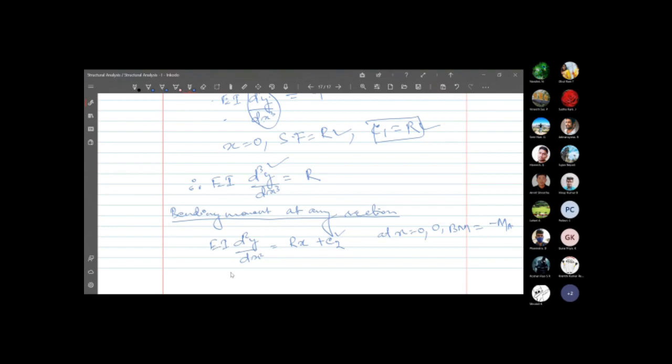Okay, so therefore EI, or here I can directly put, so if x equals to 0, EI into d square y by dx square equals to minus MA.